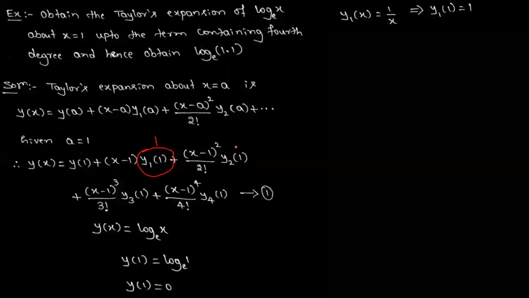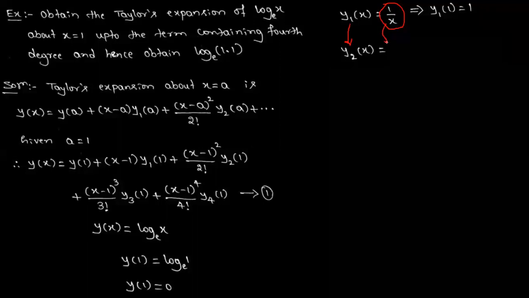Now let us find what is y2 of 1. How do we find y2? When we differentiate y1, we get y2. Let us differentiate y1 now to get y2. y2 of x, differentiation of y1, we all know the differentiation of 1 by x is minus 1 by x square.